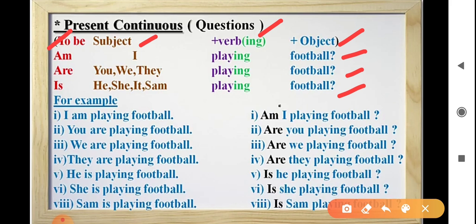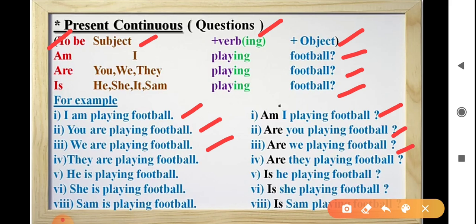See more examples. I am playing football. This is the affirmative sentence and this is how it is converted into the interrogative. Am I playing football? As I told you, I is always used with the word am. Second example, you are playing football. Are you playing football? We are playing football.